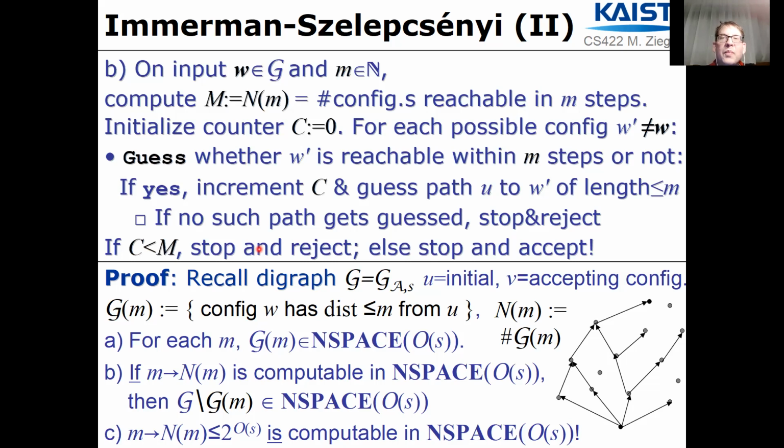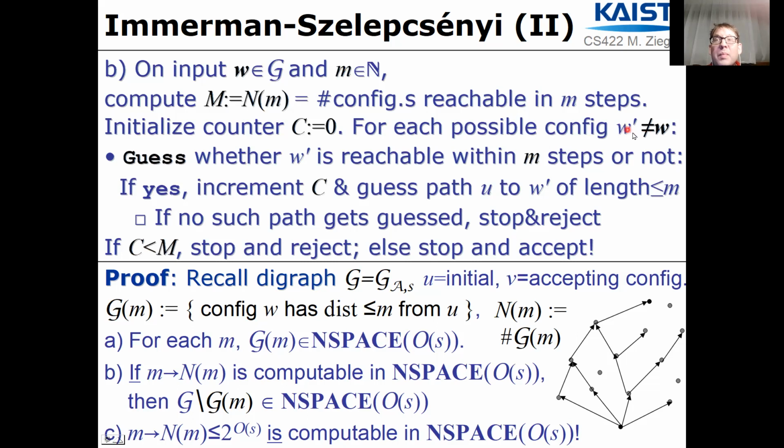So this is where the implicit complementing comes into play. We can only verify positive things, but using the information how many vertices are reachable, we can verify that all our positive guesses have been correct, and thus conclude that also the negative guesses, which vertices are unreachable, have also been correct.